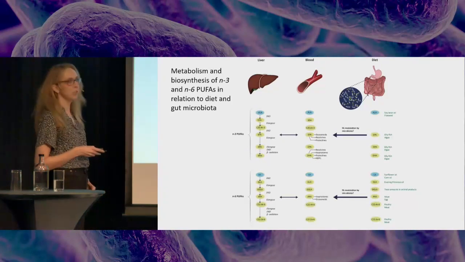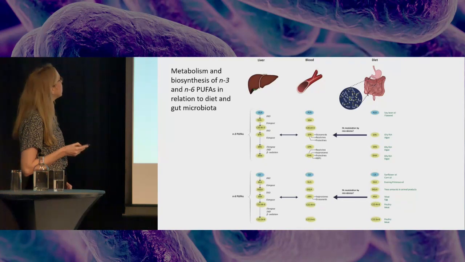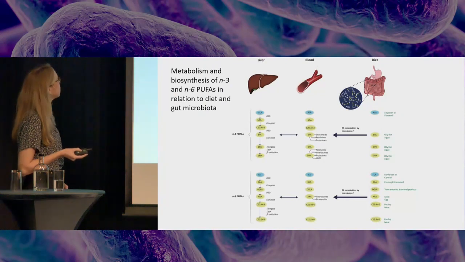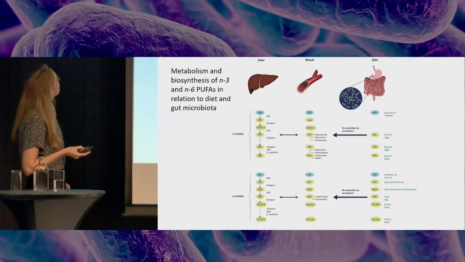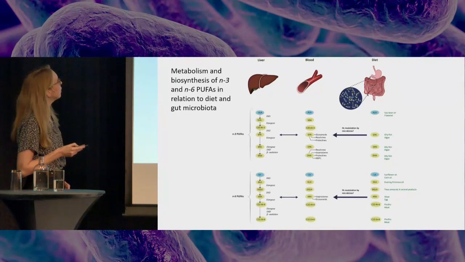I'm not a dietitian, but this is a simplified illustration of the metabolism and biosynthesis of N3 and N6 PUFAs, which many of you know as omega-3 and omega-6, in relation to diet and gut microbiota. On the left side is the diet source, with, for example, oily fish and different oils.